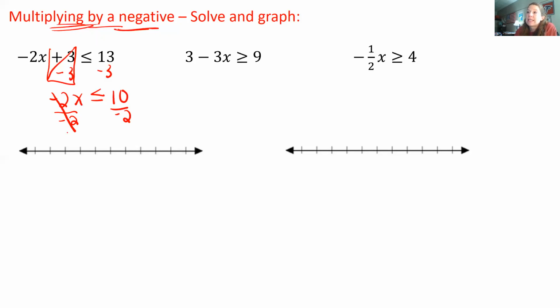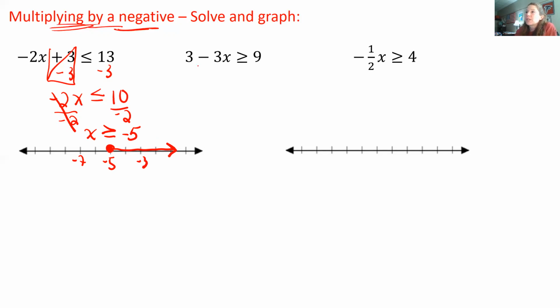Now we're dividing by a negative number across an inequality, which means we have to flip the inequality. So 10 divided by -2 is -5. All right, so you have to remember that. So write that down. When you multiply or divide by a negative number using an inequality, you have to flip that inequality sign. If you don't, it's wrong.